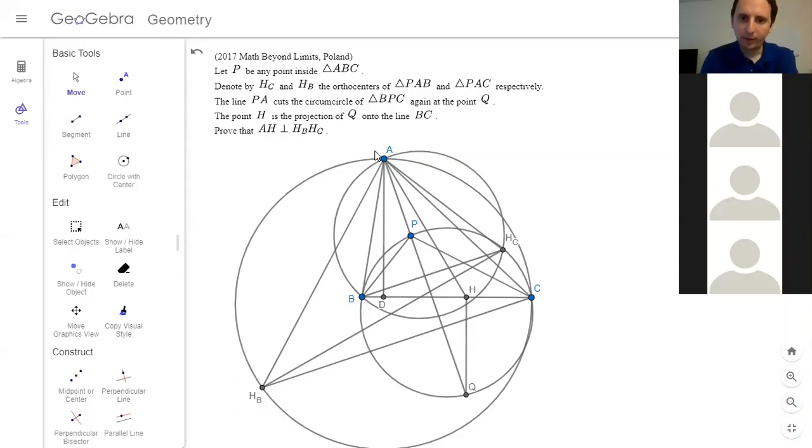Maybe we could use Pythagoras, like we could show AHB squared minus AHC squared equals HBH squared minus HCH squared, because we have so many different perpendiculars that it seems like Pythagoras might help.